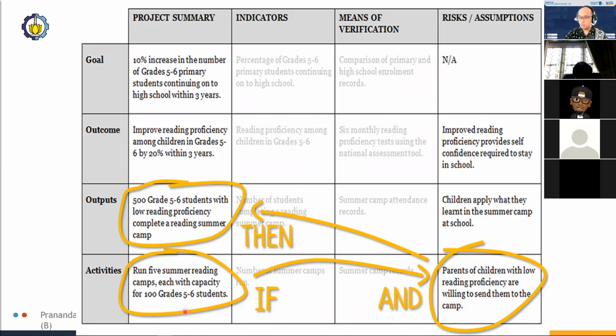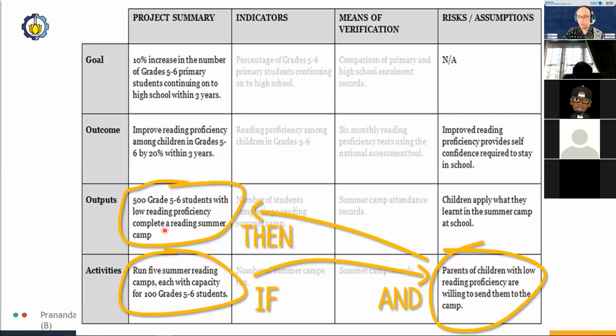If you run 5 summer reading camps, each with a capacity of 100 year 5 or year 6 students, and you get the parents of children with low reading proficiency, and if the parents are willing to send them to the camps, then you get 500 students with low reading proficiency to complete a summer reading camp.